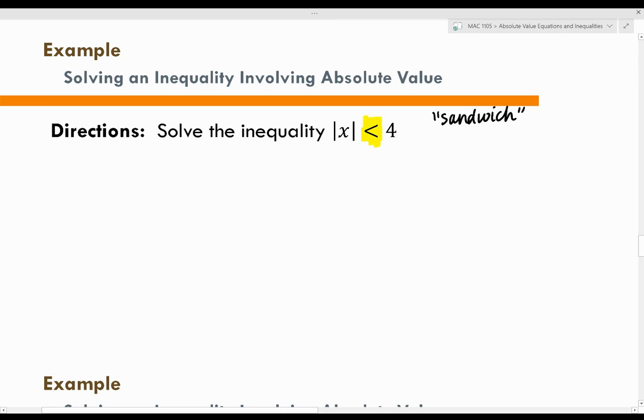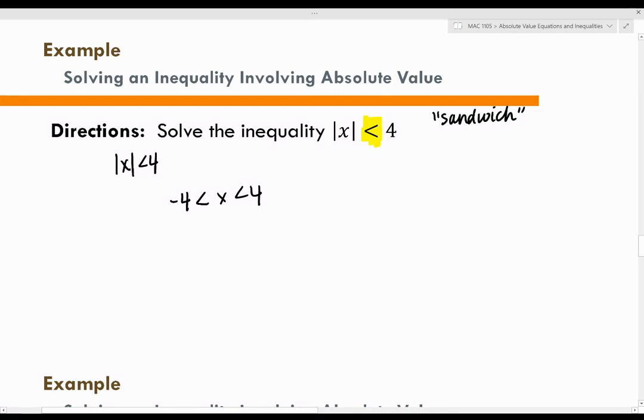So I'm going to go ahead and write my problem. I have the absolute value of x is less than 4. So I need to apply the sandwich fix. You can do that once the absolute value is isolated on one side of the inequality symbol. The absolute value of x is alone on the left-hand side, so I'm good. So I'm going to drop the absolute value bars, and I'm going to sandwich x in between -4 and +4.